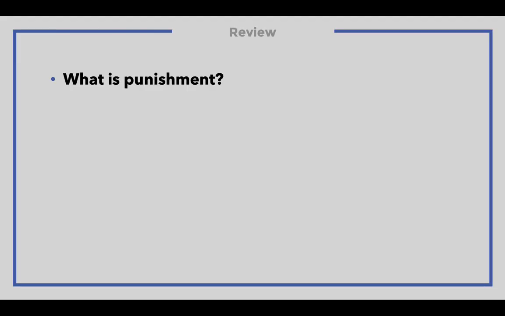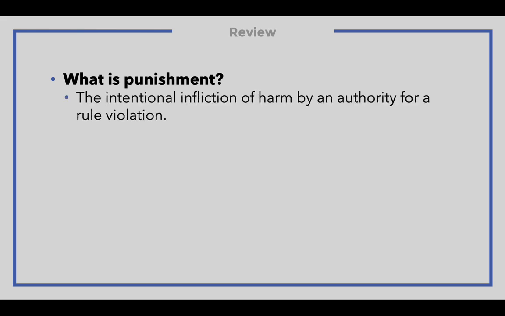All right, so first question: what is punishment? Pause the video if you need to, and try to figure out the answer. You might remember there are 4 parts to the answer. Punishment is the intentional infliction of harm. It's hard treatment. We're negatively impacting someone's well-being.